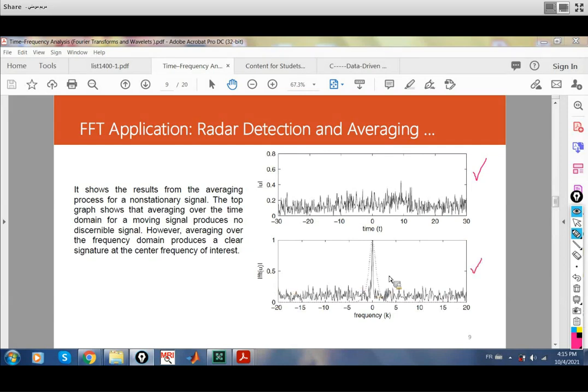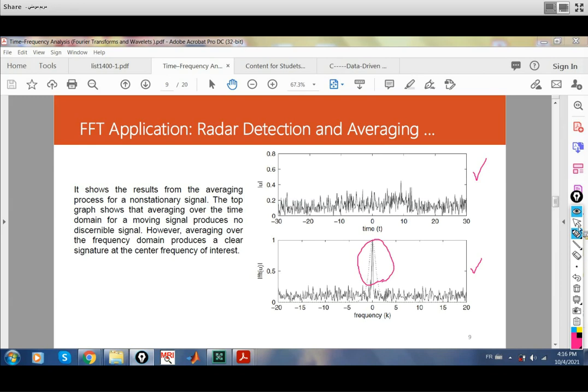It is clear that the averaging in Fourier is better than the time domain. In time domain, the information is lost, the information is missed. But in Fourier domain, in frequency domain, after averaging, the noise can be observable, can be detectable. Okay?